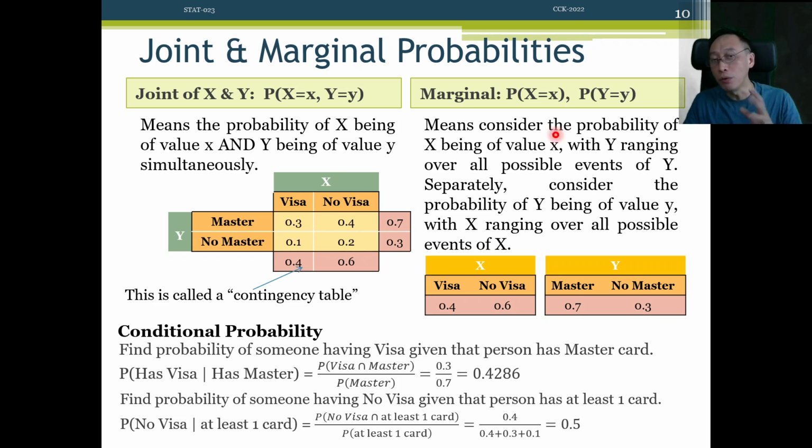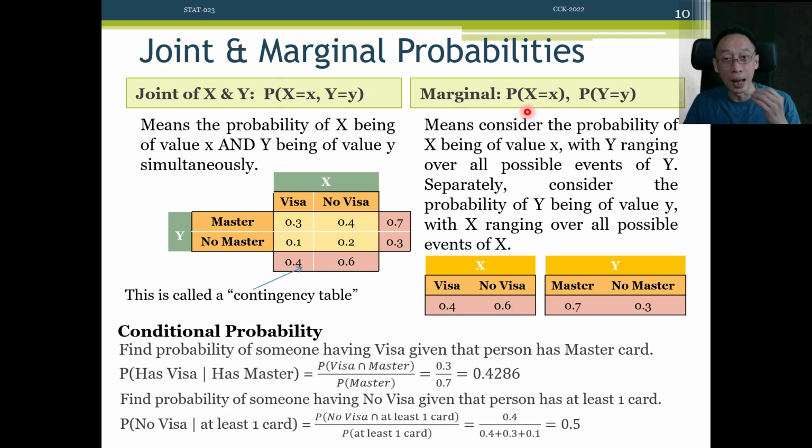All right. So if you ask me, what's the probability of a person having Visa, P of x equals Visa, if you just say it like this, I'm imagining that you are doing a market study, just collecting information about whether people have Visa or no Visa.